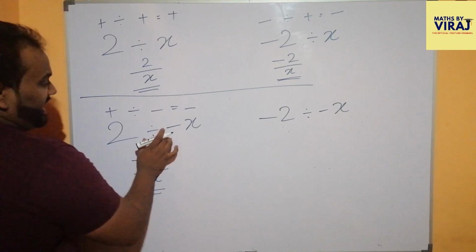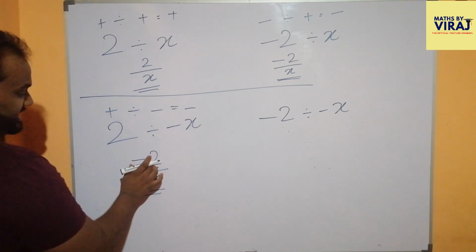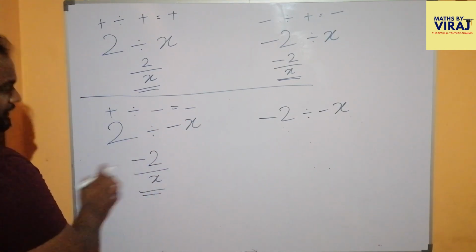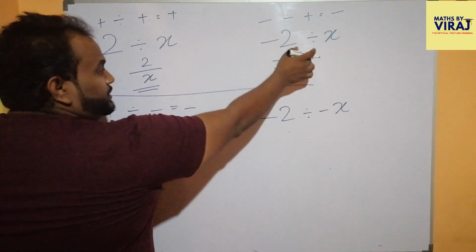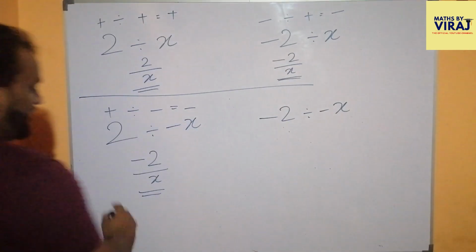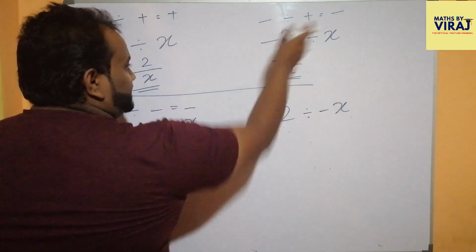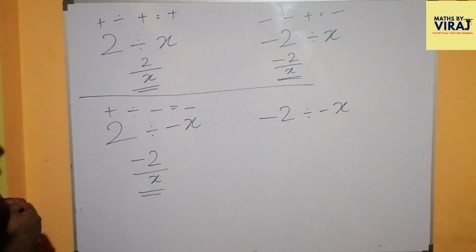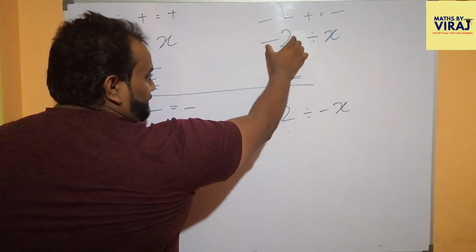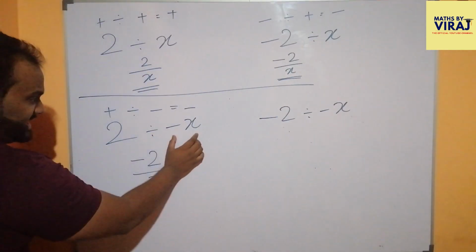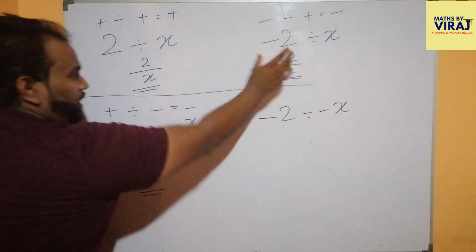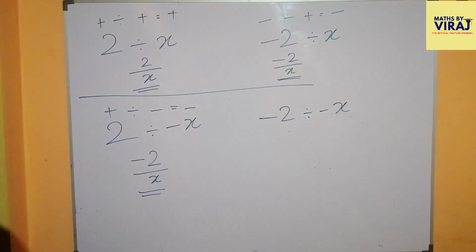Plus 2 divided by minus x is minus 2 over x. You see that these two answers are the same irrespective of whether the number or the letter is minus. Therefore, even though the number is minus or the letter is minus, we write it in the form minus 2 over x.